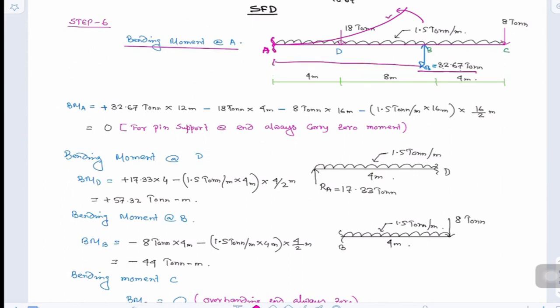This length is how much? 12 meter. So 32.67 ton into 12 meter amount of moment is occurring at A because of RB, which has a nature of positive. So plus 32.67 ton into 12 meter is the positive moment occurring because of 32.67 at A.